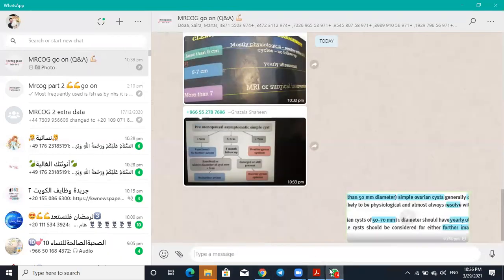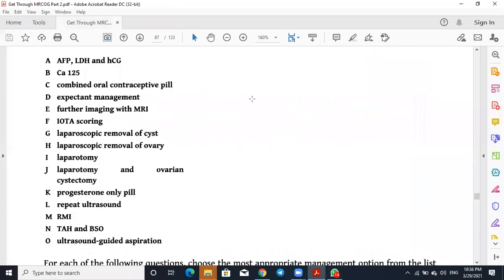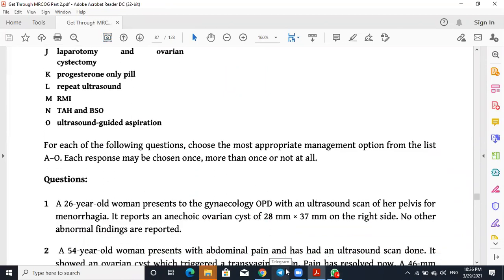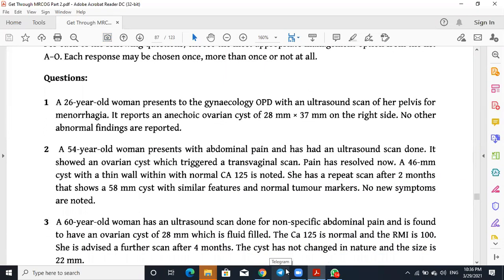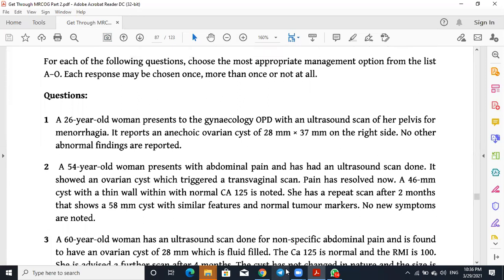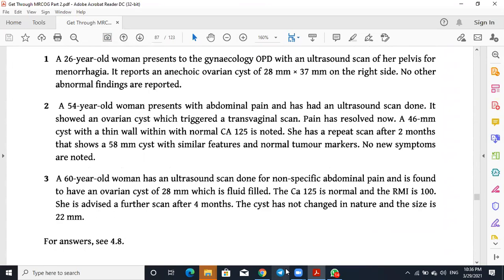We almost said everything. Okay, so this one, she is nothing. We will just go for expectant management in this patient because she already has a simple cyst less than 5 centimeters.